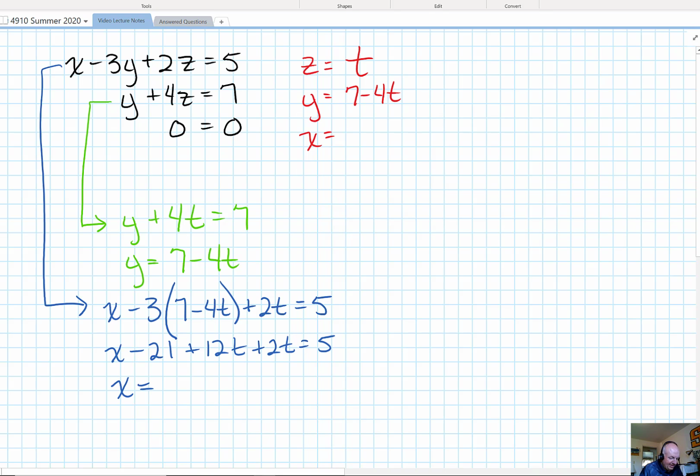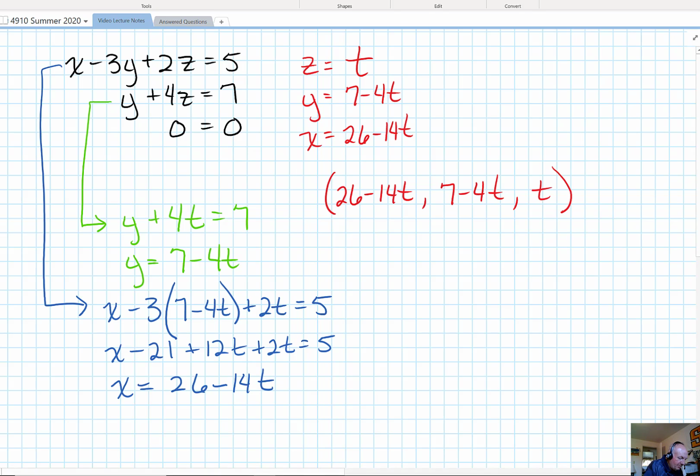We're going to add the 12 and the 2 to get a 14. So that's going, and move it across. It'll be a minus 14t. We move the 20, add 21 to both sides. We get a 26. So look, we get a 26 minus 14t. All right. And so our solution, written parametrically, would be there's our x coordinate, there's our y coordinate, and there's our z coordinate. And that's our parametric solution.